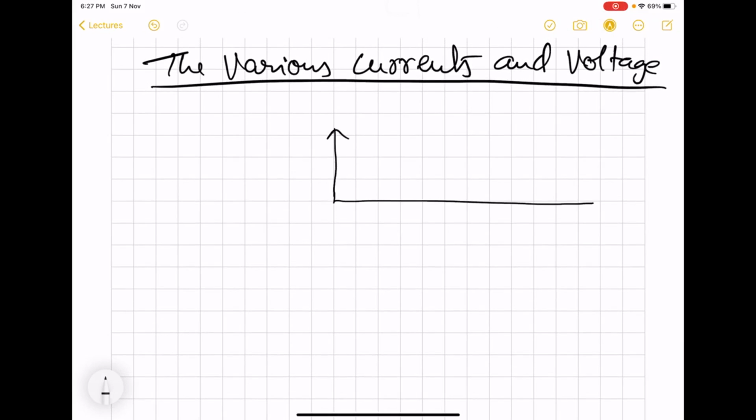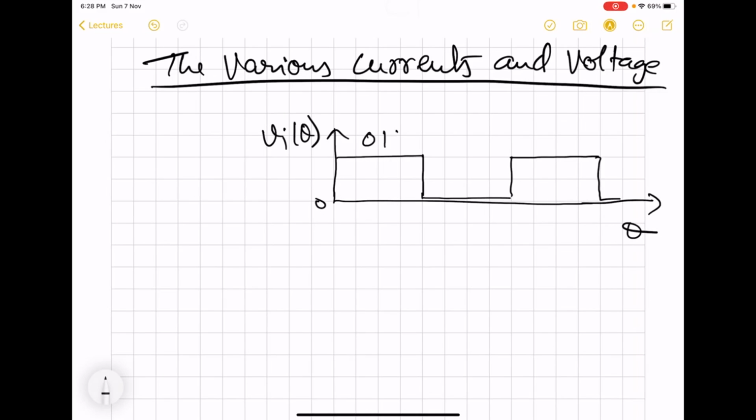The first waveform is, of course, going to be the input voltage, because this decides when the switch closes and when the switch is off. As was pointed out, this is going to be basically a square wave.